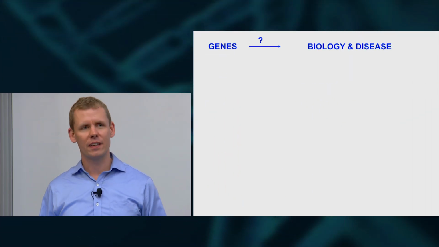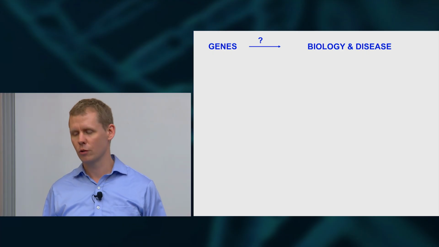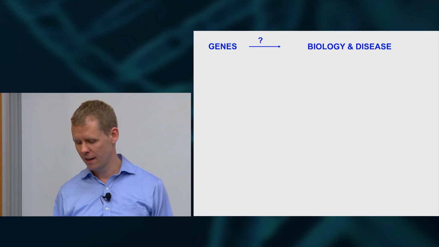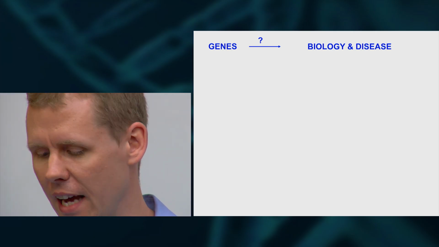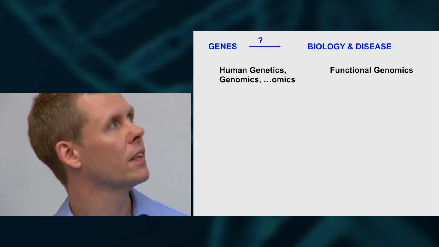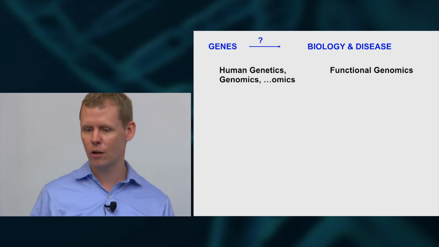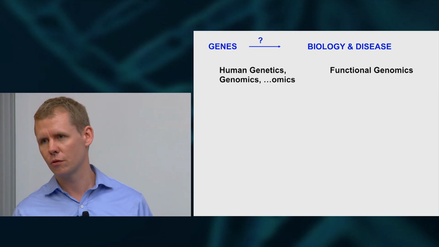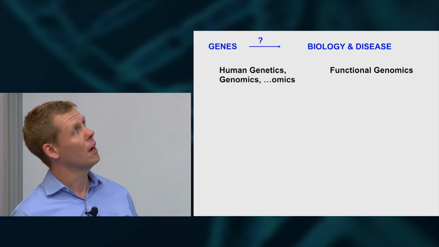So I think one thing that's probably in common to all of us here is that we're curious about how genes determine biology and disease. And this is a slide that I show often when I talk to a cancer audience. I think in this audience, I'm going to preach to the choir when I'm contrasting two fundamentally different approaches to understanding these connections between genes and biological processes.